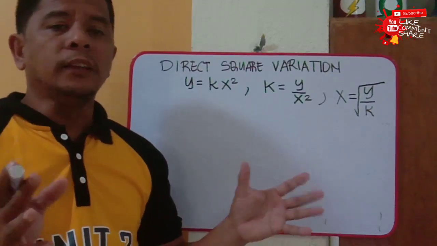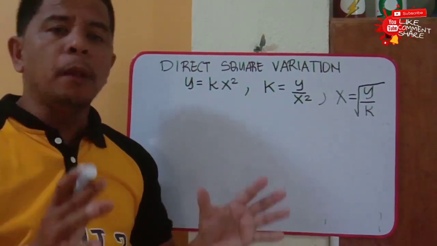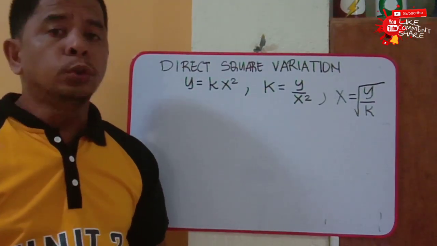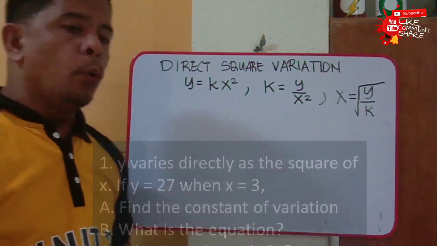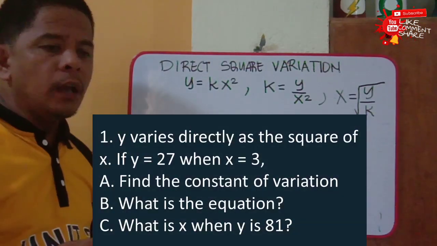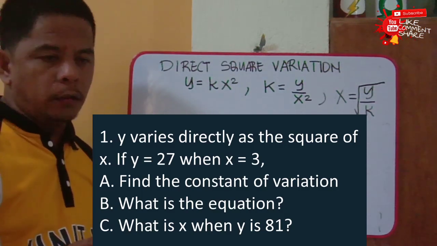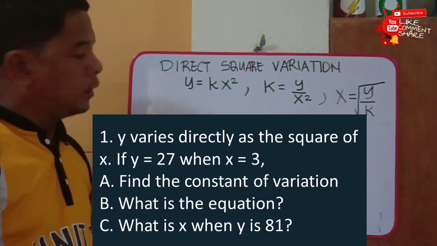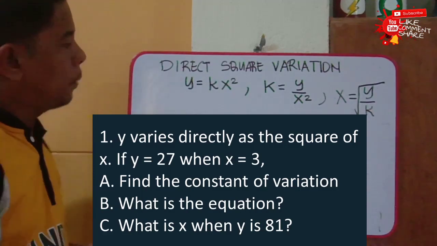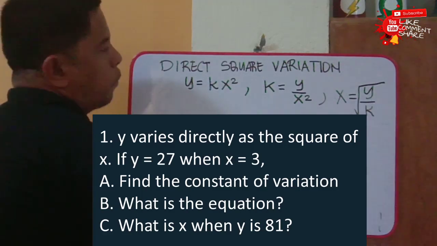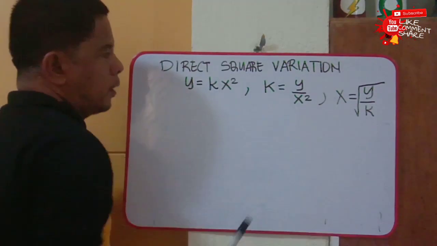Okay, so let us now proceed to problem number 1 in the direct square variation. Y varies directly as the square of x if y equals 27 when x equals 3. So, meron tayong tatlong formula in the direct square variation.